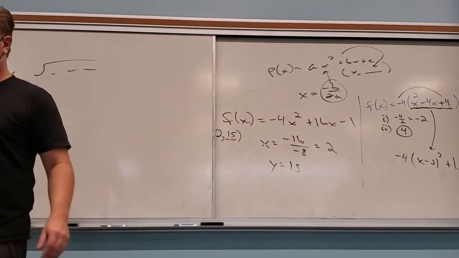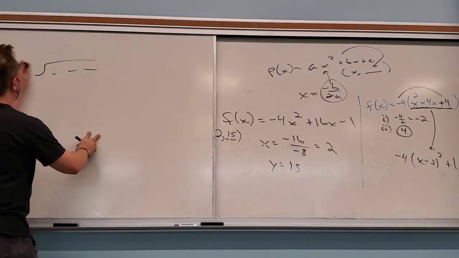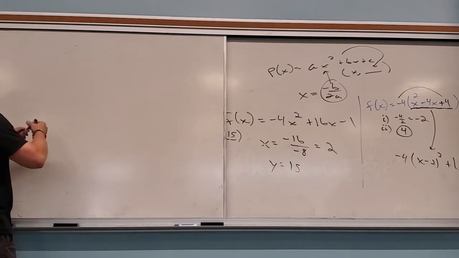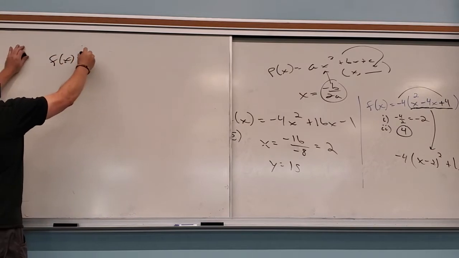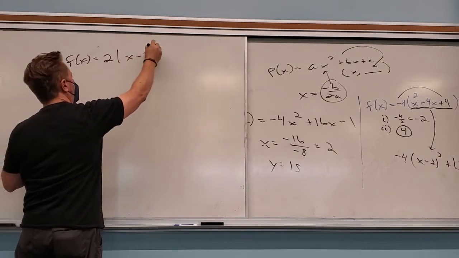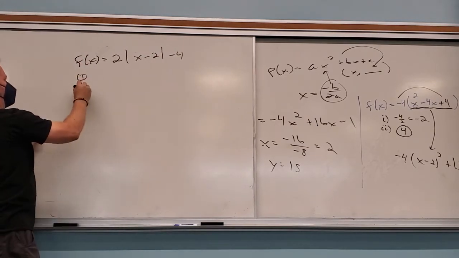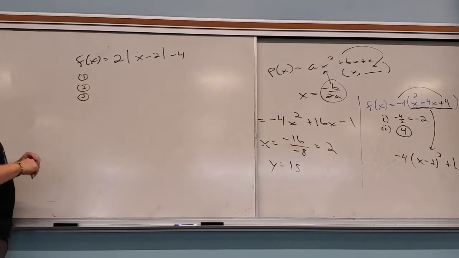I got a question about when you're doing the transforms. This one is a 2, then the absolute value, then x - 2. Two times the absolute value of x - 2, and then -4. So when you're doing it, the 2 would be the second one?